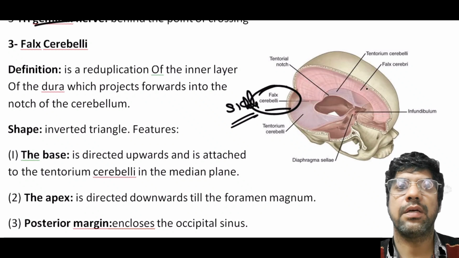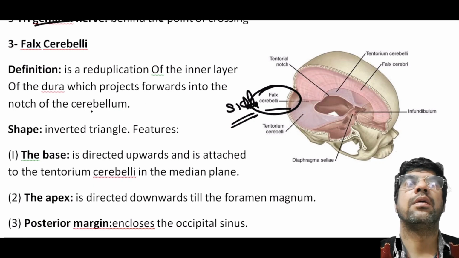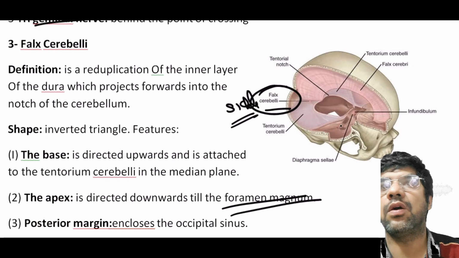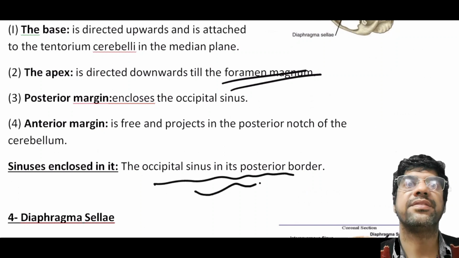The top part of the sickle is split into two parts extending toward the sides of the opening, the foramen magnum. The posterior margin is curved outward and attached to the internal occipital protuberance. The sinuses enclosed here are the occipital sinuses.